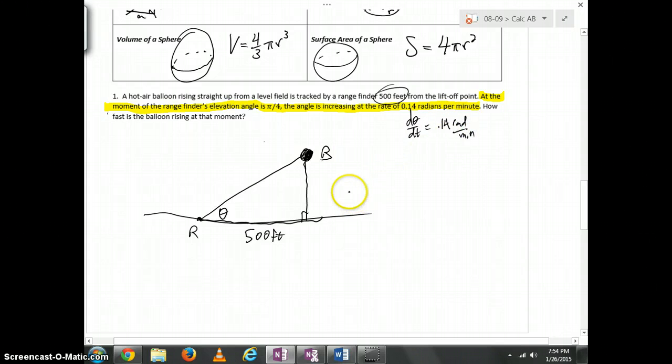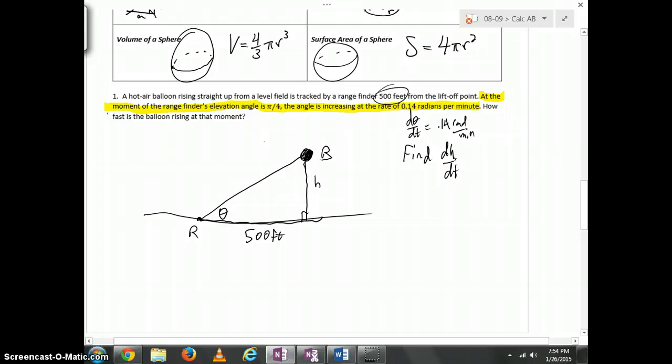How fast is the balloon rising? Well, the balloon is rising, you're really asking how its height is changing. You're asked to find dh dt, and we don't even know what h is.